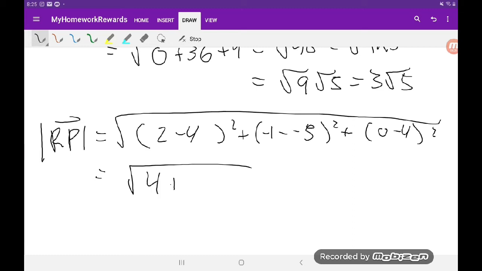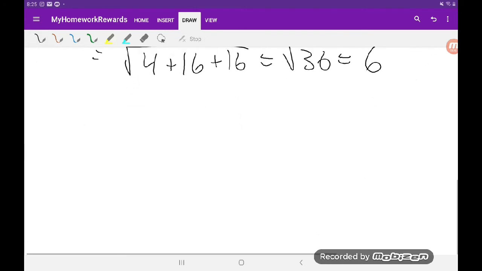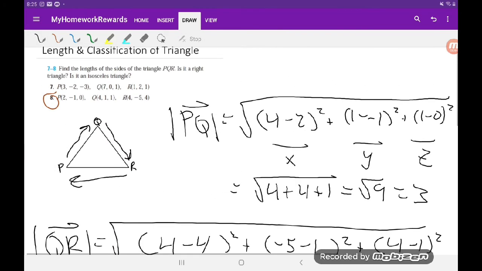Simplifying this gives us 4, 16, and 16, which is the square root of 36, which equals 6. So to summarize, actually I'll draw it on the triangle. The magnitude of PQ was 3, and then QR was 3 root 5, and RP was 6.